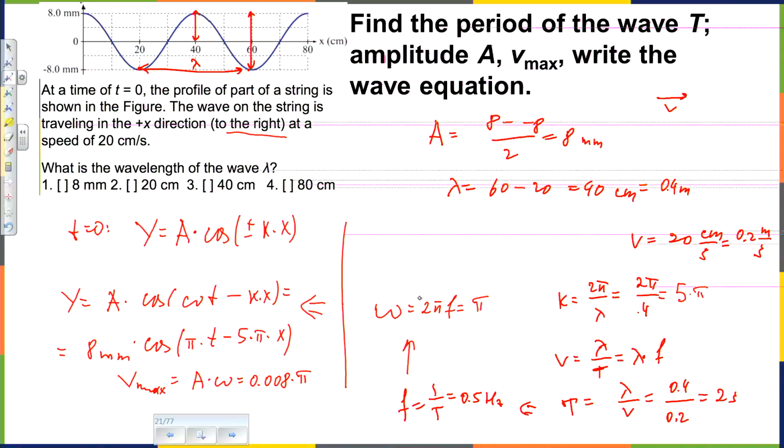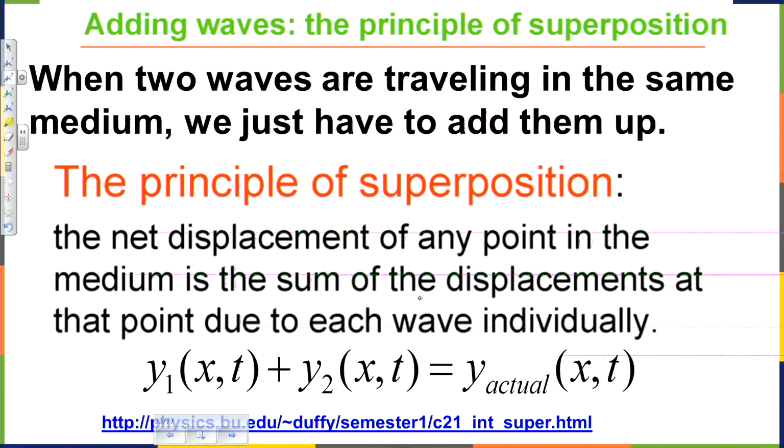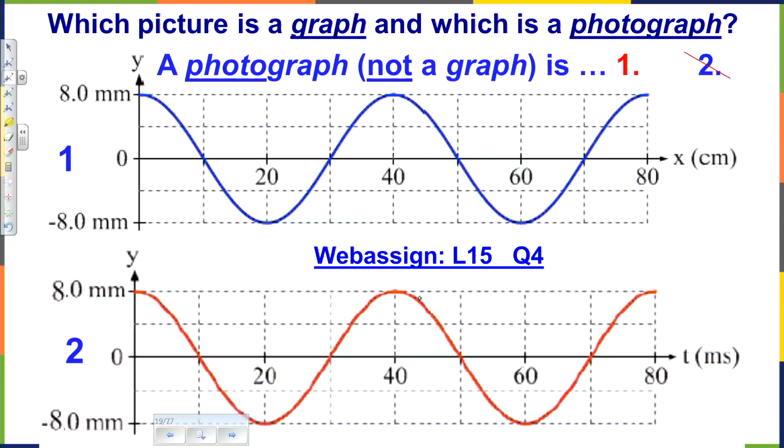Amplitude and wavelength. If instead of a snapshot, we have a graph, what can we extract? Well, still amplitude, but if we look at this, instead of the wavelength, that will be a period.